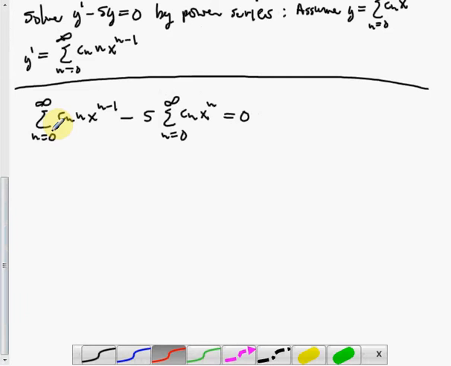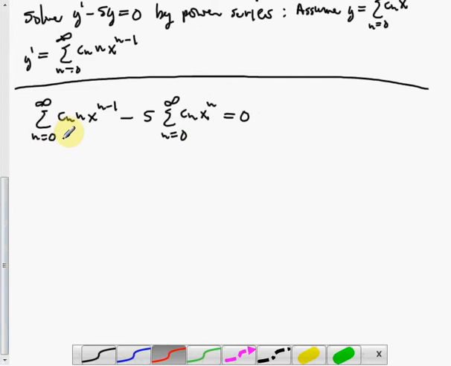That doesn't happen over here for this summation as n goes from 0 to infinity of c sub n times x to the n. Because if I plug in n equal to 0, I just get c sub naught times x to the 0, which is just a negative 5 times c naught. I don't know what c naught is. C naught becomes a constant from the superposition principle.